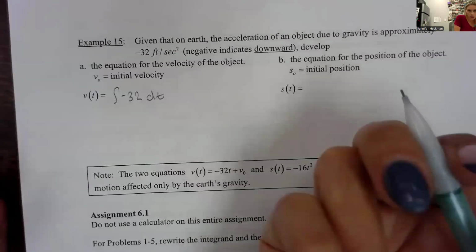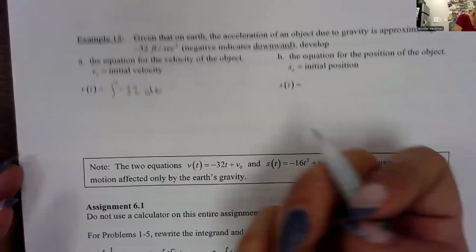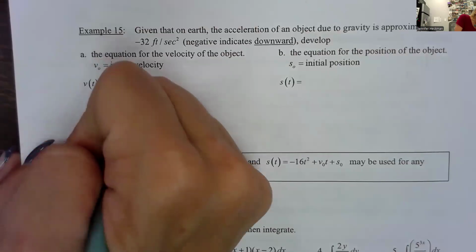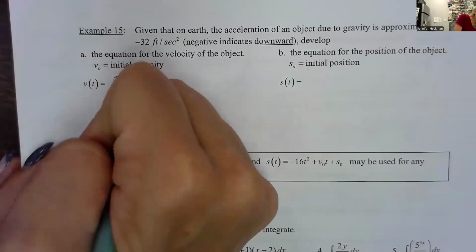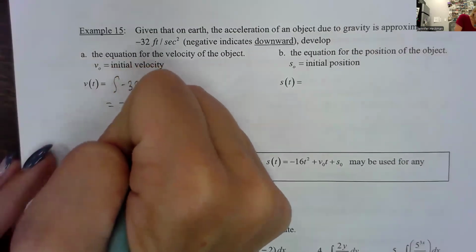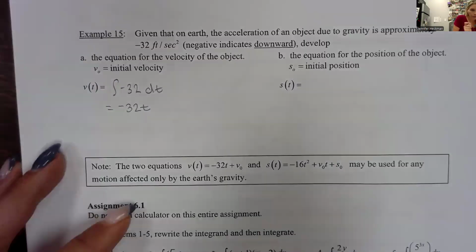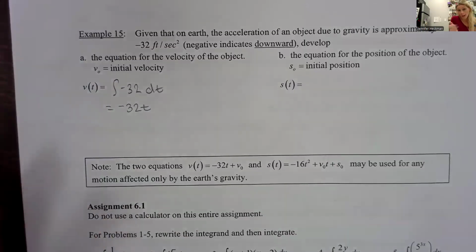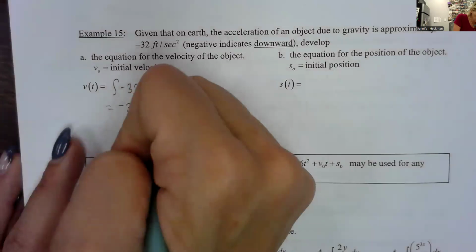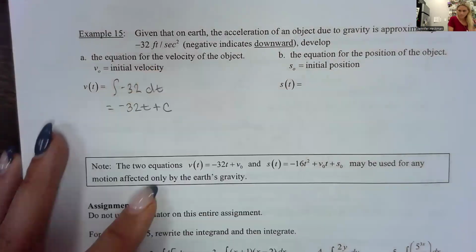Okay, if we take an integral of a constant, we end up getting just the negative 32 and then hook on that variable. But don't forget, this is no boundary, so this is plus c. Okay.